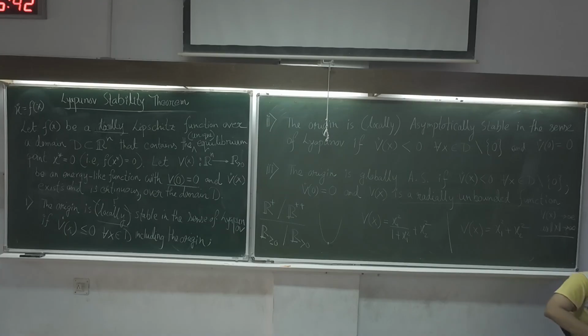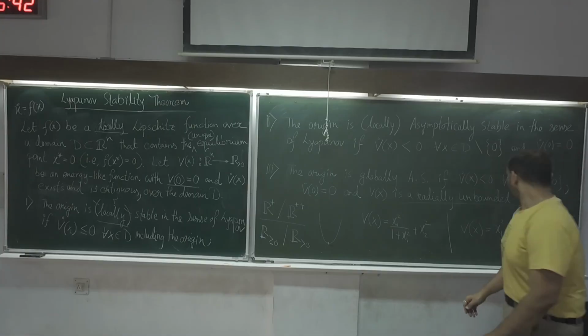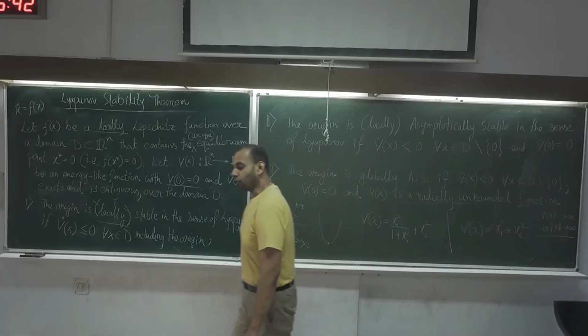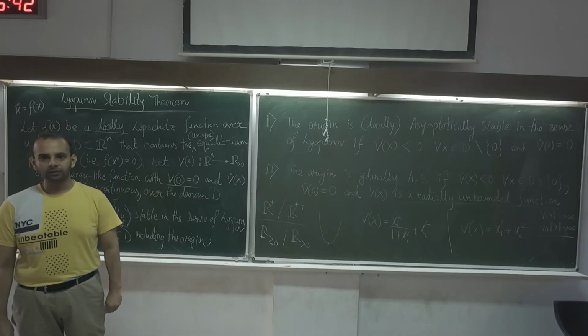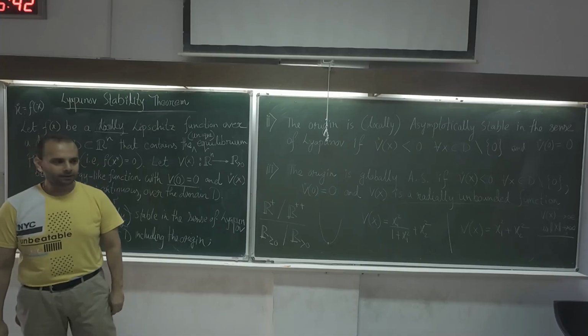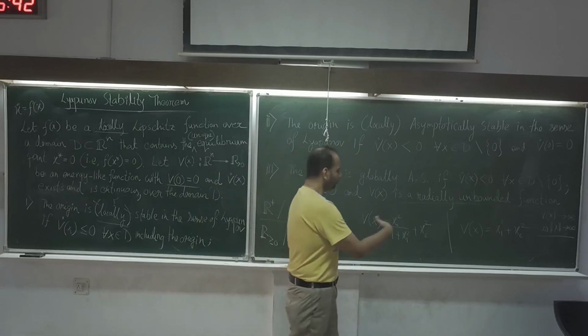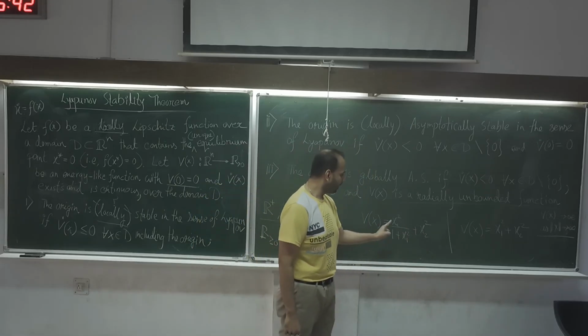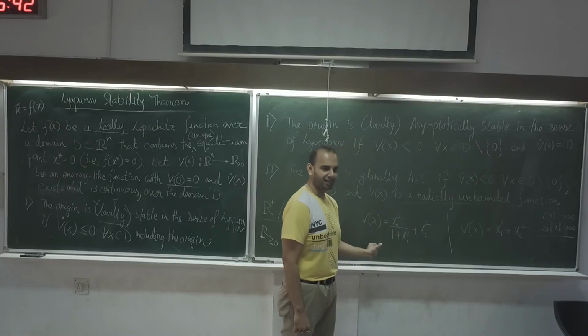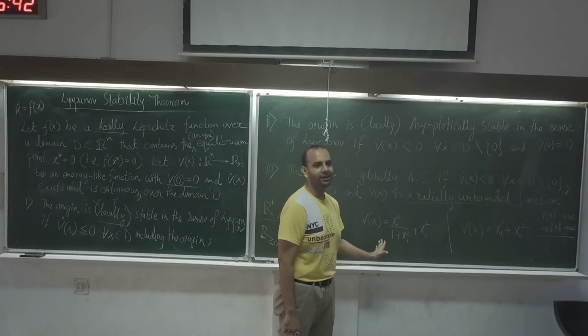So once again, a radially unbounded function means that when the norm of x tends to infinity, V also tends to infinity. But in the first case, that's why in most of the books you will find this example portrayed. Why? Because this is a very stunning example of a function that is not radially unbounded.